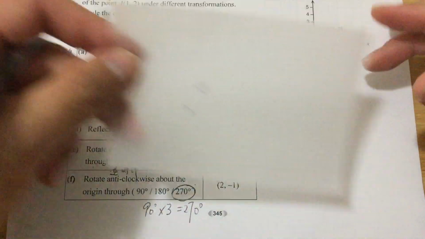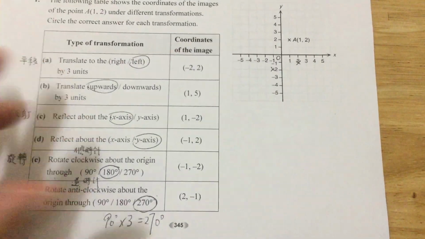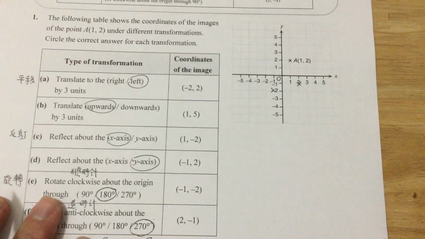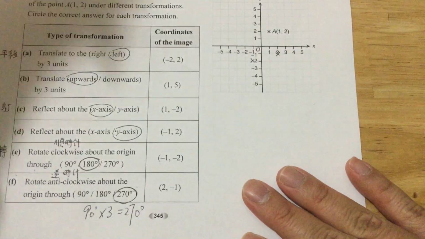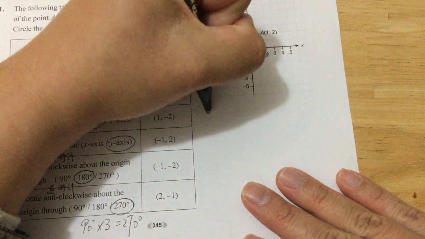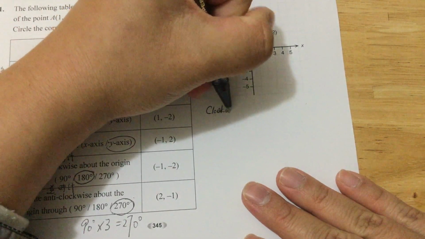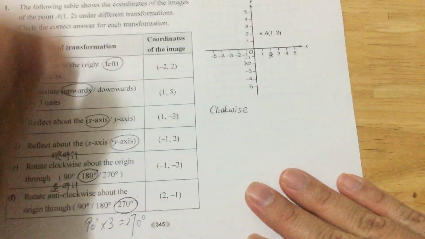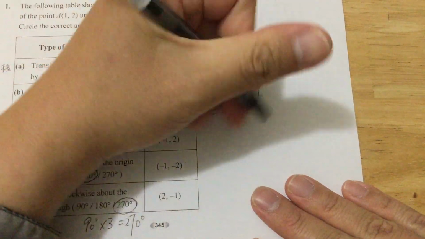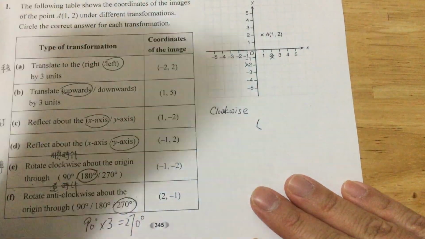So what we can do is that we find some pattern after you change the coordinates. So let's start from the clockwise first. Okay, the first point we go clockwise, this time is (1, 2).